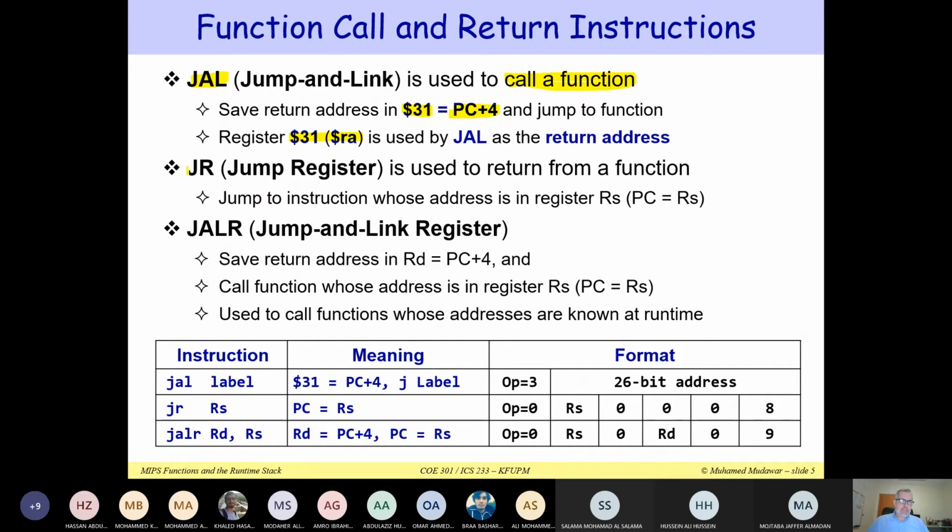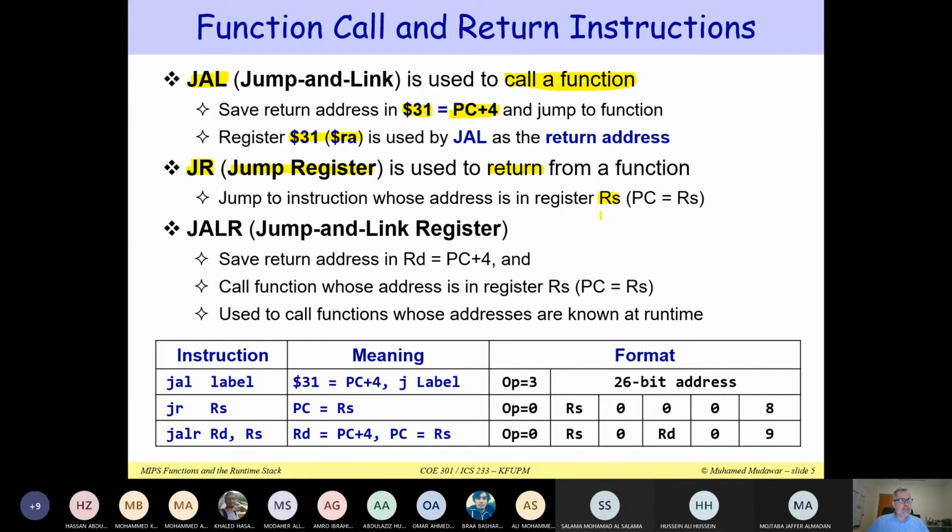Now, on the other hand, we have jump register, or JR. This is called the jump register instruction. This is used to return from a function call. All it does is jump to register 31 that contains the return address, and this way it can return from a function call. In fact, jump register can jump to the address in any source register RS.